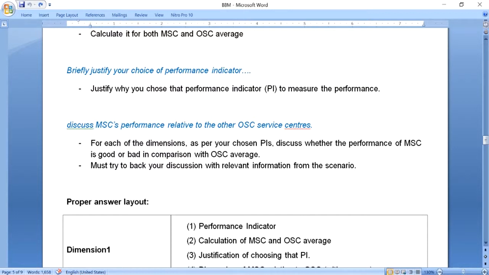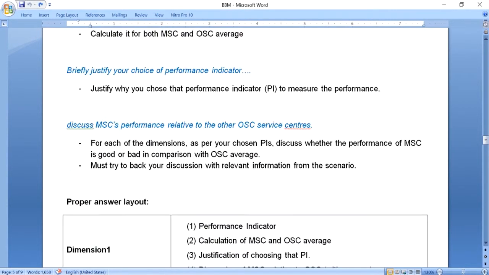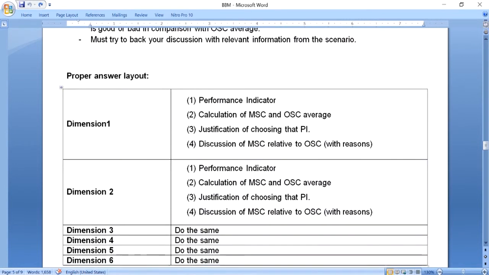So we have a very big requirement here, with three or four parts. Let's jot down the proper answer layout. For each dimension, you need to mention one performance indicator, then calculate that indicator for MSC and the OSC average.